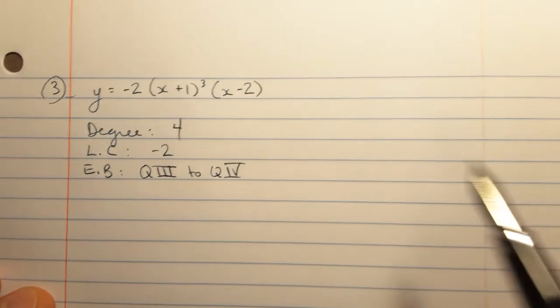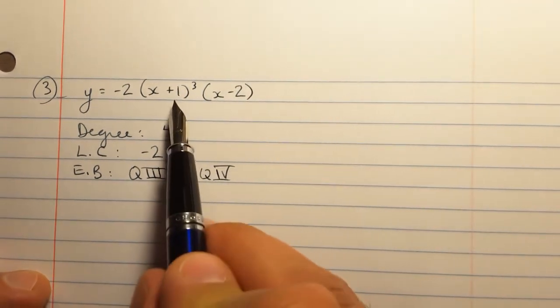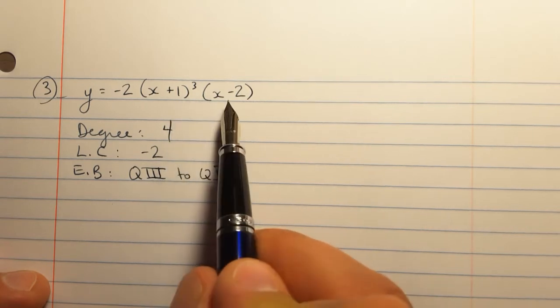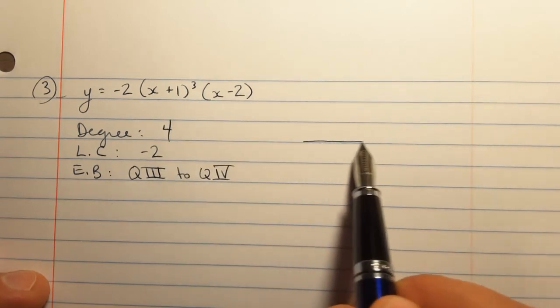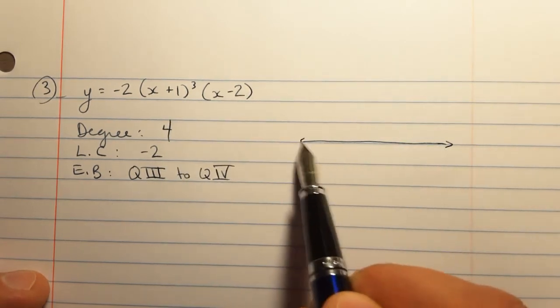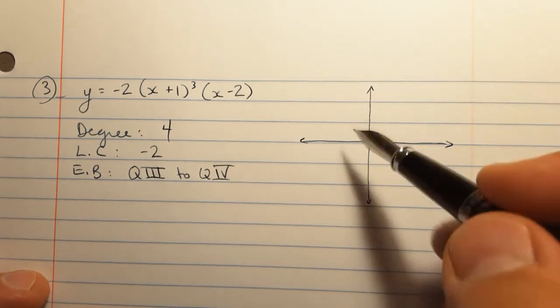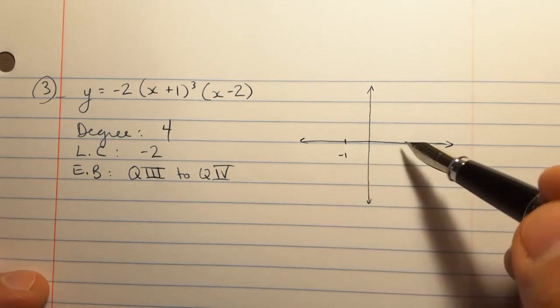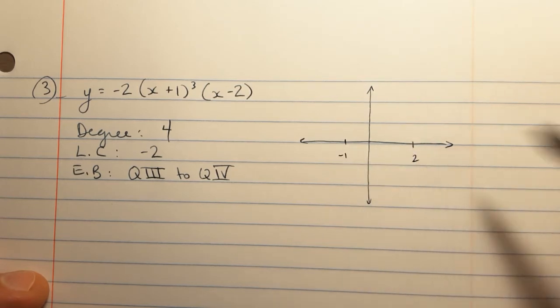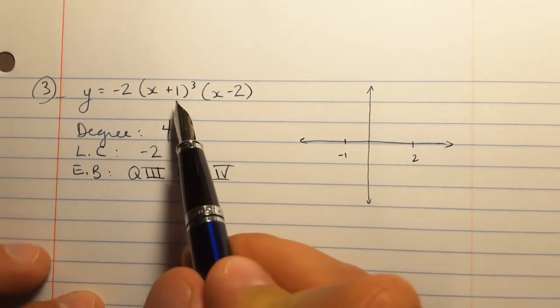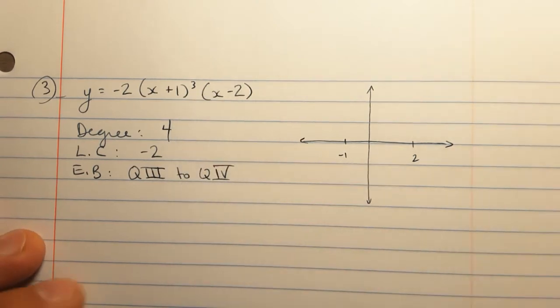Okay, let's try drawing this sketch out. So we need zeros at negative 1 and positive 2. So I don't need a real big graph for that. Negative 1, positive 2. Okay, so let's start off with the zero at negative 1. It's of order 3.